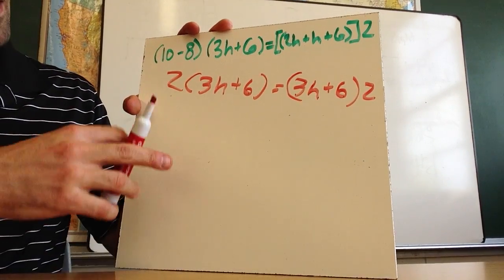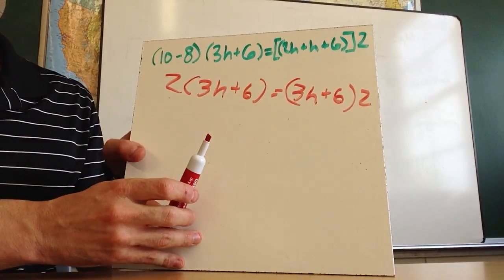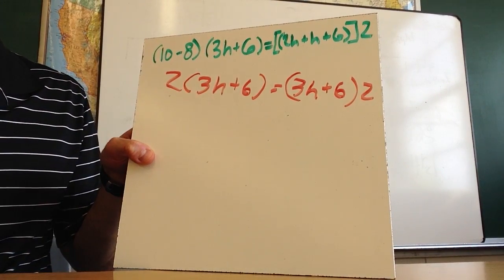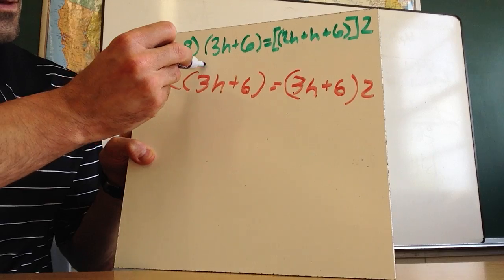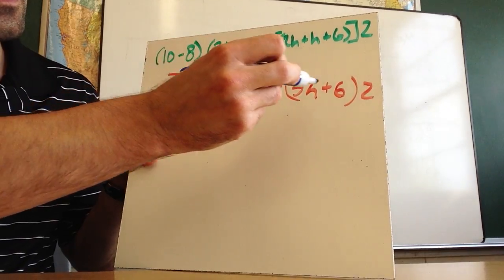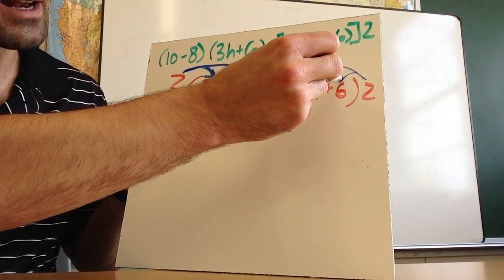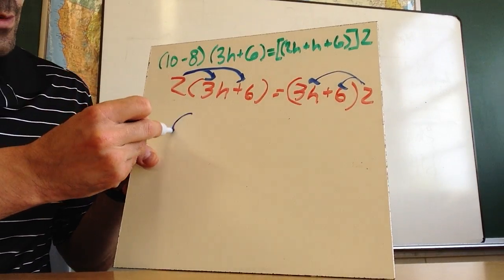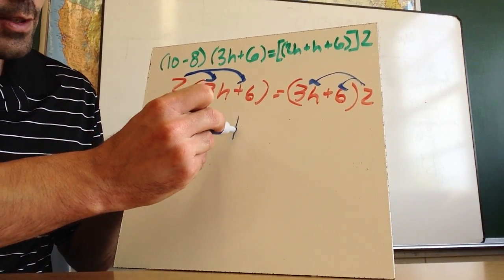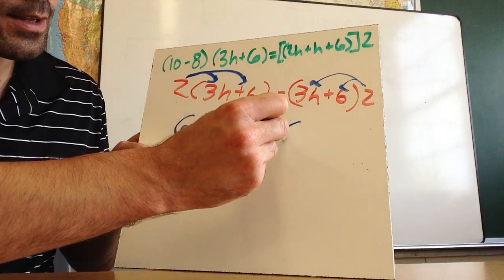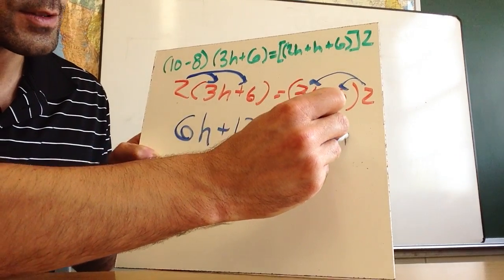Now, if you remember, the distributive property, it doesn't matter what side it's on, we're still going to distribute. Some of you may already see what's happening here, but this is going to become 6h plus 12, and this is going to become 6h plus 12.